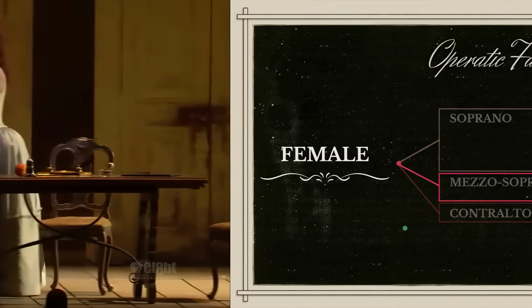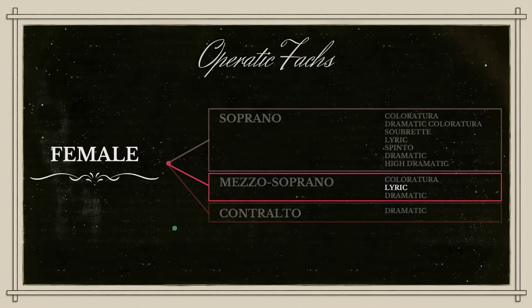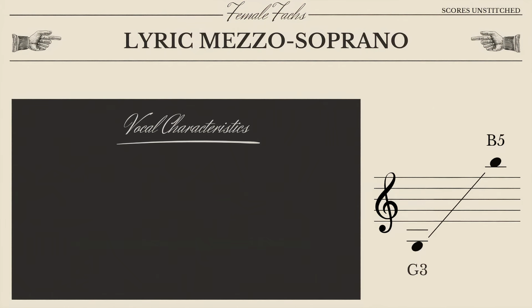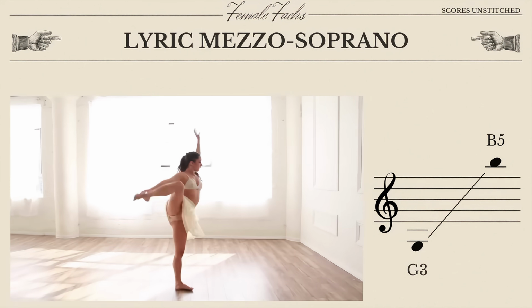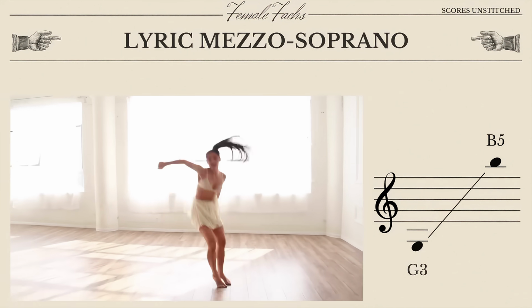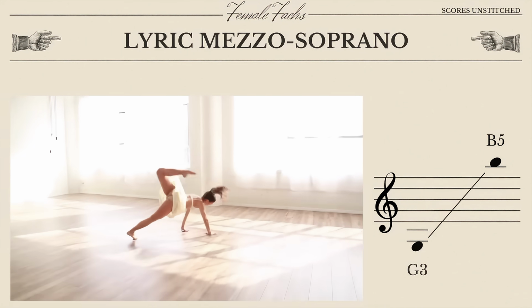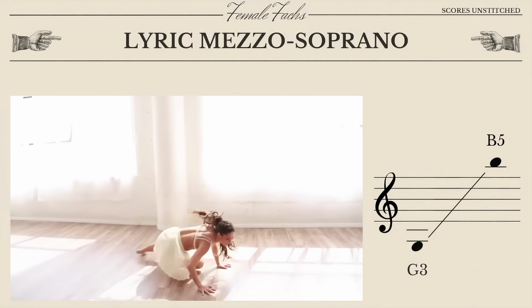All right, and next we have our lyric mezzos. Same range as the coloratura as all mezzo roles will be, so that's G3 to B5 again. But this is a much more velvety voice. I like to think of contemporary dancers here. It's warmer and darker. It's really sensitive. It sounds very human.